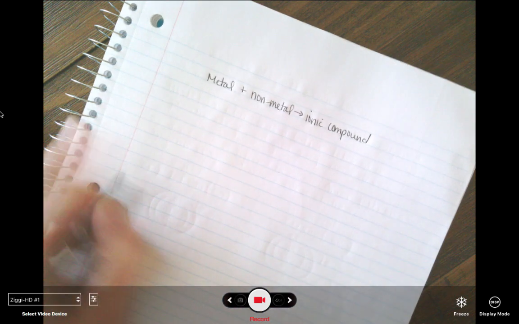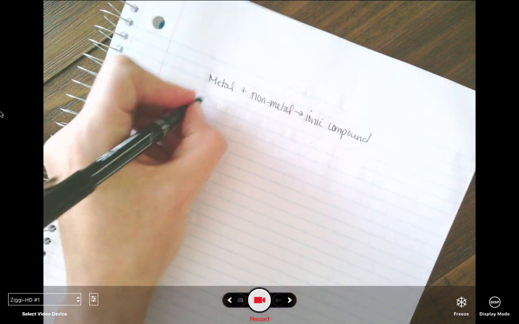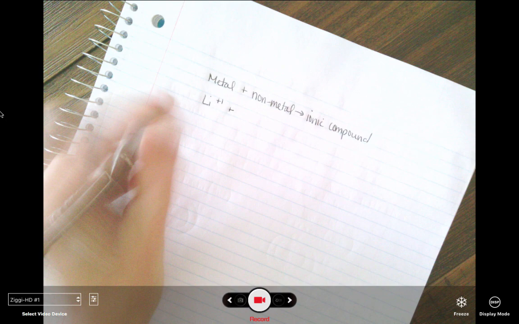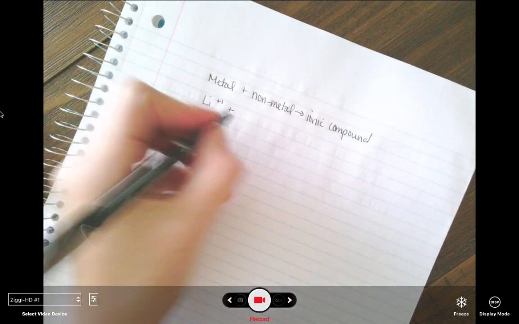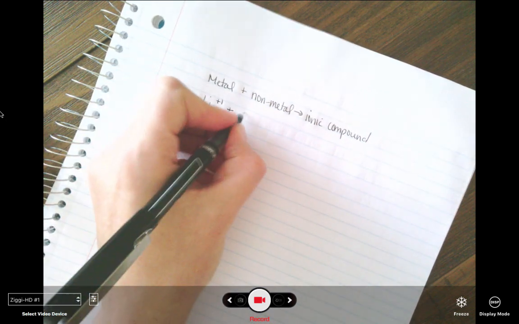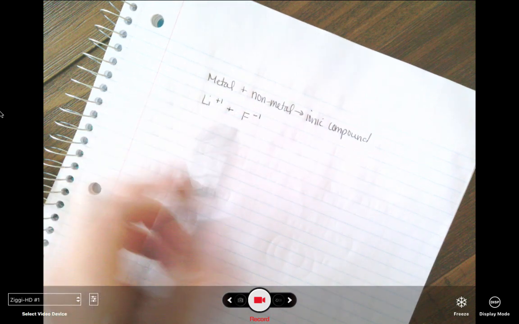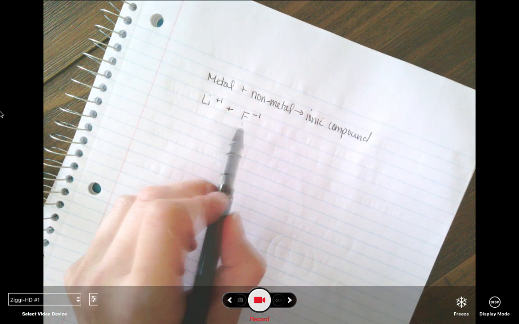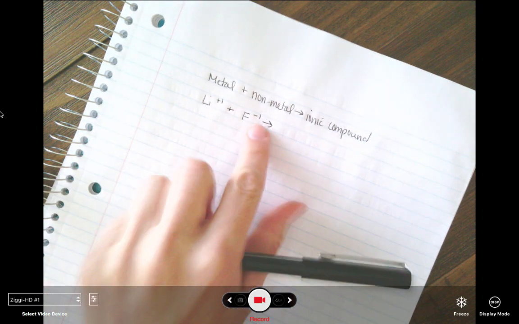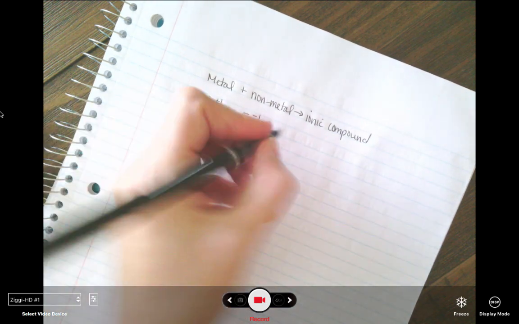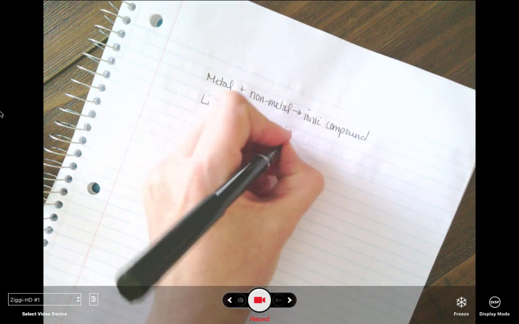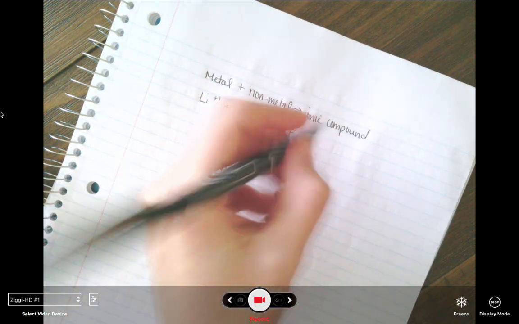So what that looks like using the example that I just did, lithium took on a +1 charge because it gave away 1 electron, which was your metal cation. It bonded with a non-metal anion, in this case it was fluorine, which only needed 1 electron to complete its octet rule. They are going to form, always use an arrow, an ionic compound. The ionic compound they're going to create is lithium fluoride.